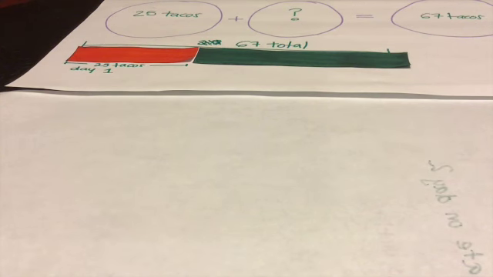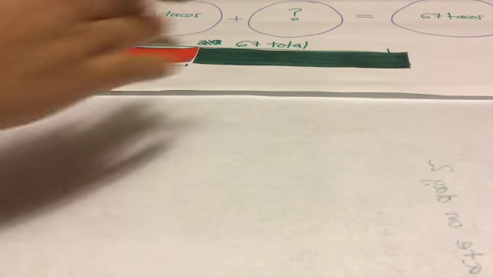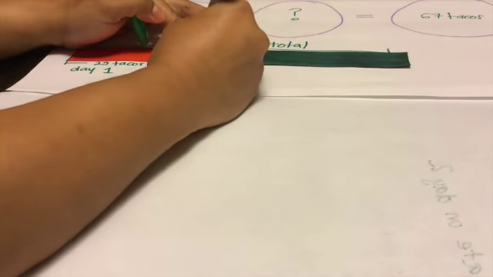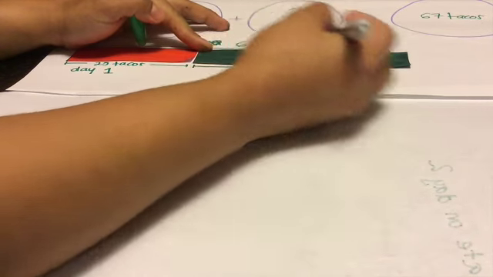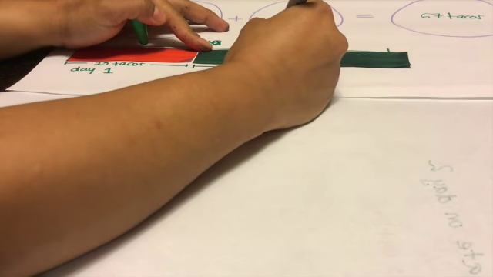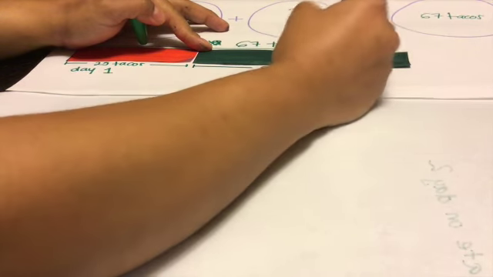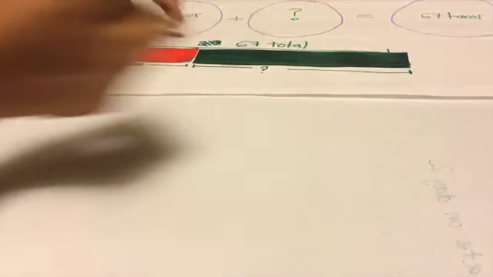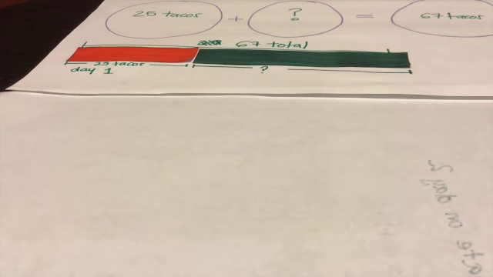Do we know that number yet? No. So since we don't know the number, we are going to represent that number with the question mark. The question mark represents the number of tacos Marco ate on day 2.